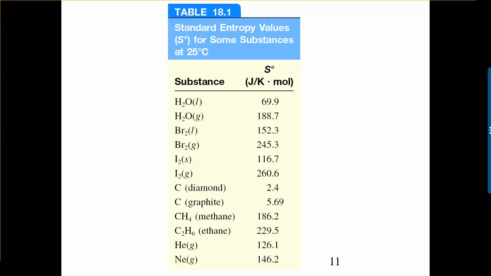Water, the standard entropy value for water is 69.9 joules per Kelvin mole. For water liquid. Water gas, it's 188.7 joules per Kelvin mole. Does that seem right? Is the randomness or disorder greater here or here? For the gas. Okay, that seems right.